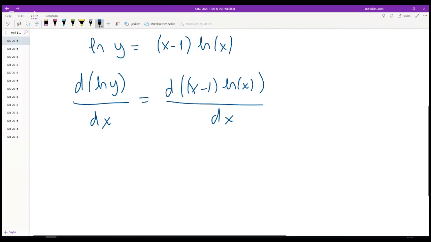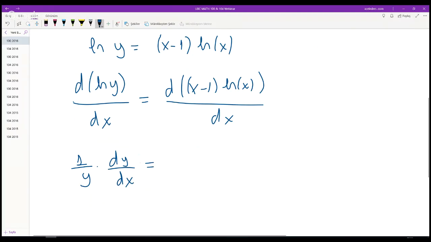First, ln y with respect to y, which is 1 over y, right? The derivative of ln of something is 1 over that something, times, now do I know dy over dx? No. So just write that as an unknown, dy over dx.